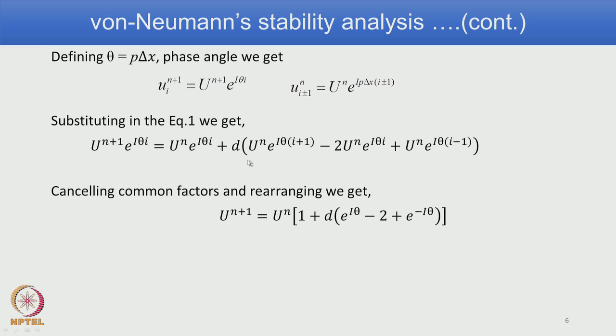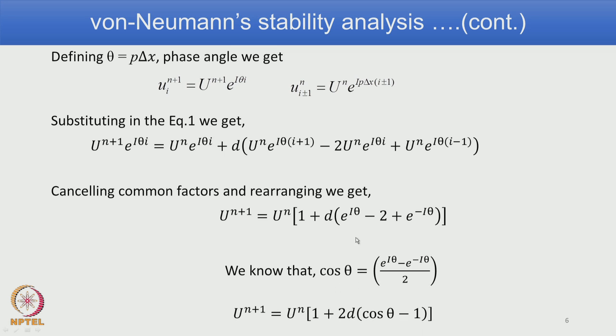Once we do that, then we get the final expression as u of n plus 1 equal to u of n times 1 plus d times e power i theta minus 2 plus e power minus i theta. Now, we know cos theta can be expressed in exponential form as e power i theta plus e power minus i theta by 2.